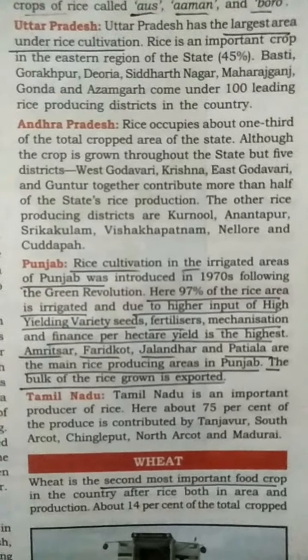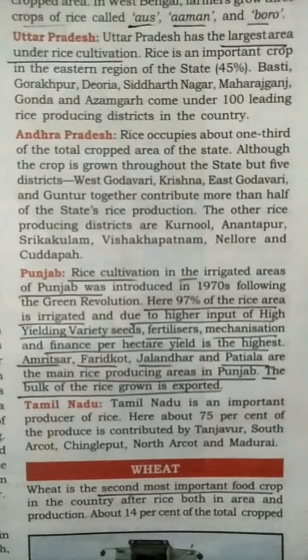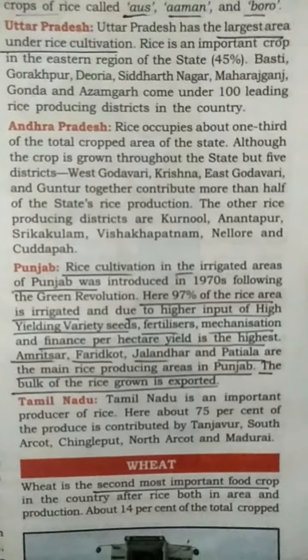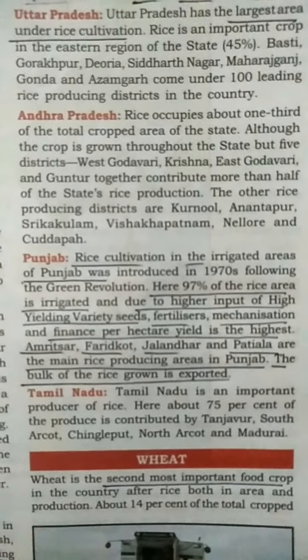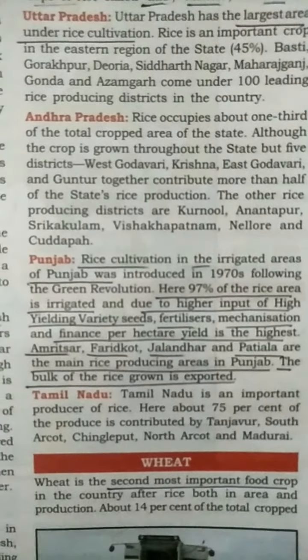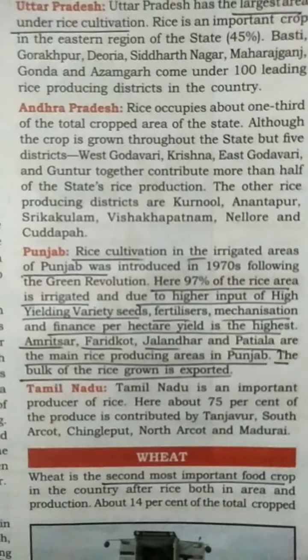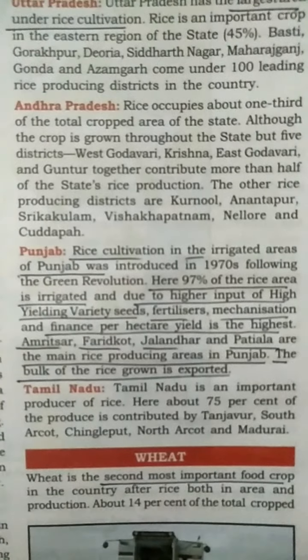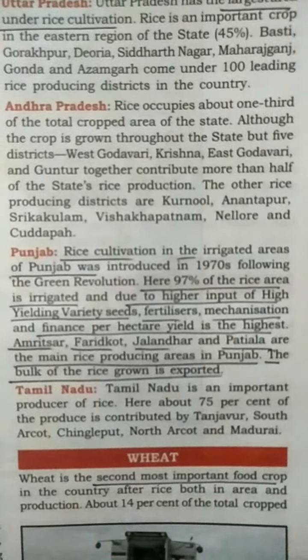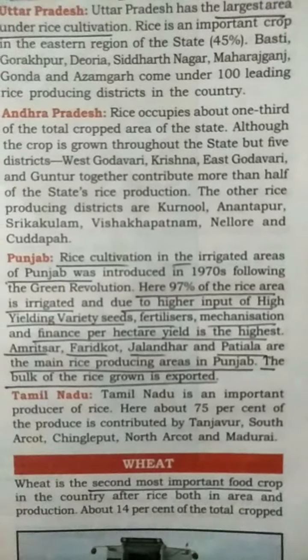Therefore, rice is cultivated in Punjab. The main districts here are Amritsar, Faridkot, Jalandhar, Patiala, where rice is produced, and the bulk of rice is exported from here.